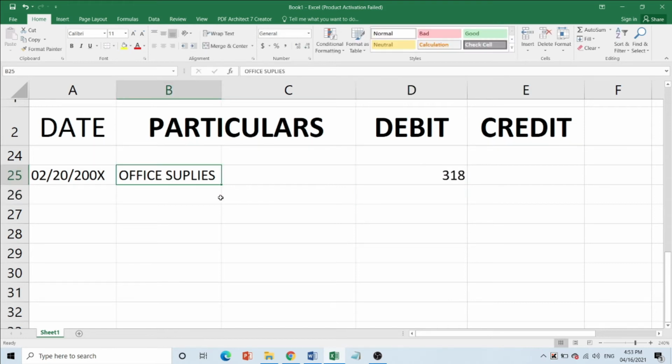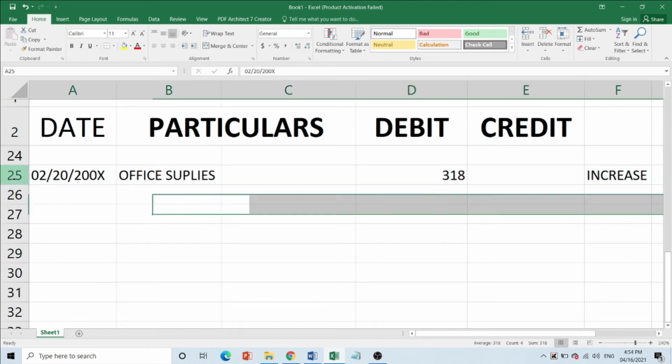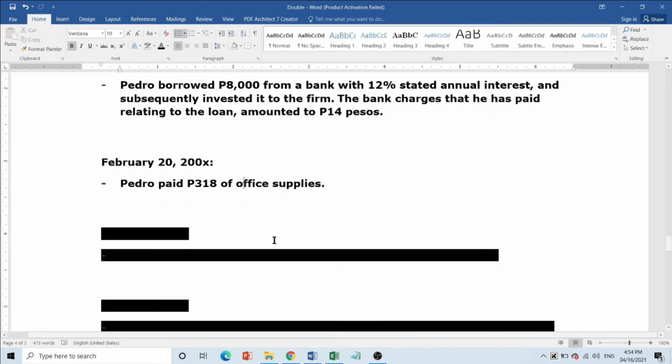It increases your asset. Okay? Normal balance of asset, debit. Debit ka ng 380, effect, increase. Okay? Yung analyzation po natin dito sa particular moment is yung effect na sa ating assets, sa ating accounting equation. Paid. So meaning, bayad.